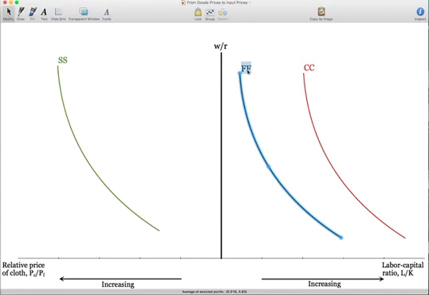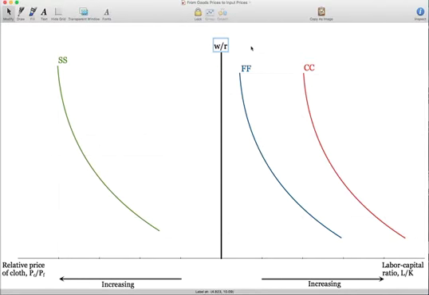Also realize the reason it's downward sloping is that at lower wage rates relative to the cost of capital, both industries are going to employ more labor because labor is less expensive relative to capital. But as we move up at higher wage rates relative to the rental cost of capital, the labor to capital ratio is going to decrease as wage rates increase relative to the cost of capital.